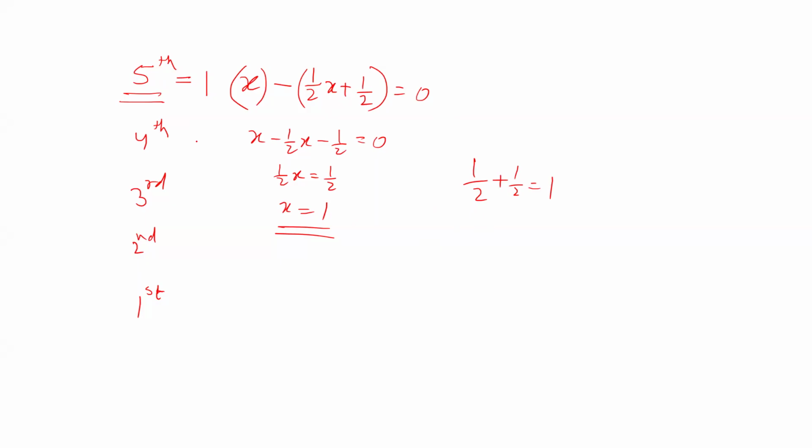Now let's see how many apples there were when the fourth customer visited him. Let's say the number of apples at the time when the fourth customer visited was Y. So he gave half of Y plus 1 by 2 apples, and the number of apples left with him after this was 1, because when the fifth customer visited, he had 1 apple.